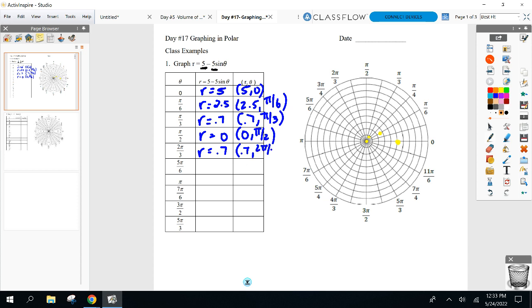I have not gotten a negative R value yet. 0.7 right there. 5 pi over 6, still positive. 2.5, still getting these values. We all good? So 5 pi over 6, 2.5.